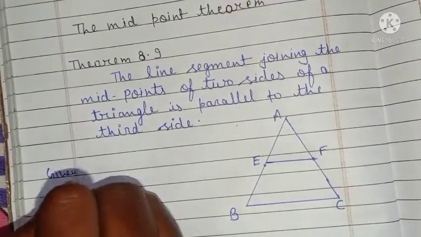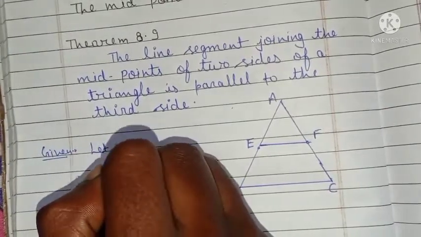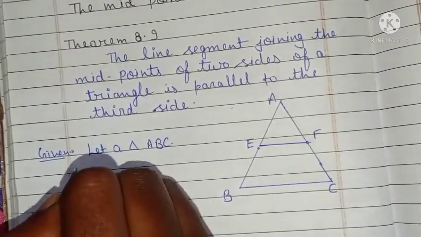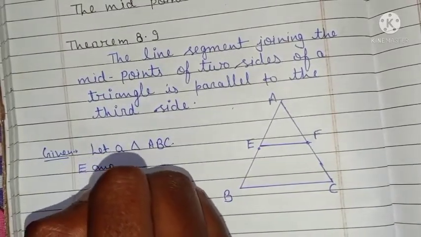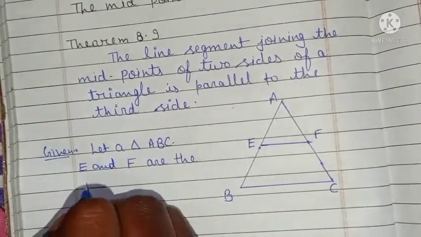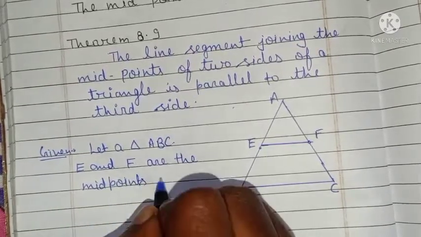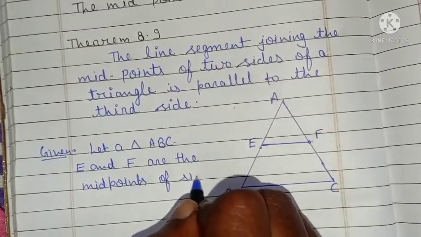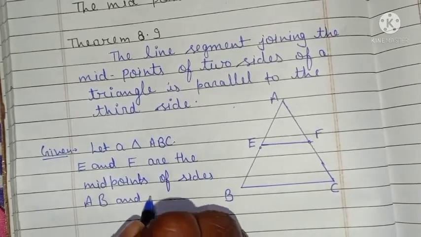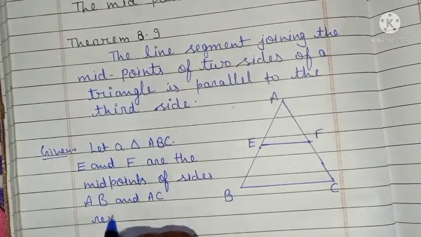We write given. Let triangle ABC, E and F are the midpoints of sides AB and AC respectively.